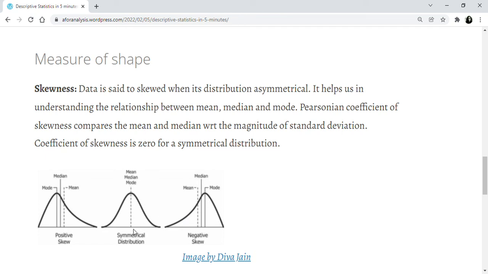Our skewness coefficient will be 0, and the mean, median, and mode will all overlap. But when it is positively skewed, as you can see, they don't overlap anymore and the values are different. Here as well, as you can see, this is a negatively skewed distribution, and the mean, median, and mode are not overlapping anymore. They have separated.